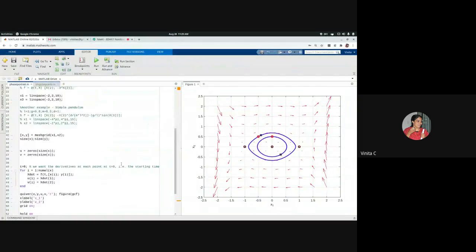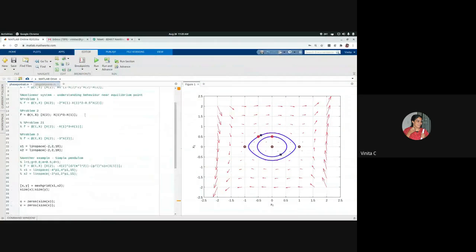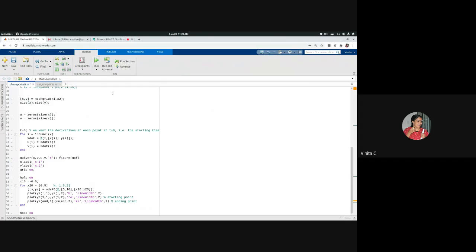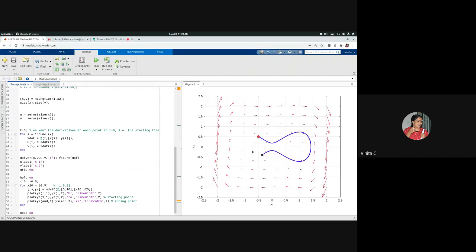So here I have taken the second one. This is control R. Here also let me try this. See, this is an equilibrium point, minus 0.5 and 0.5 which I have taken. It goes from this point and then comes back to another point.